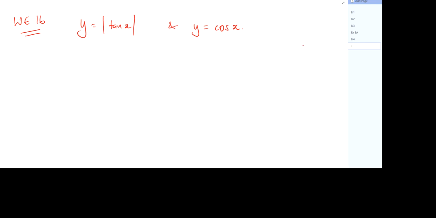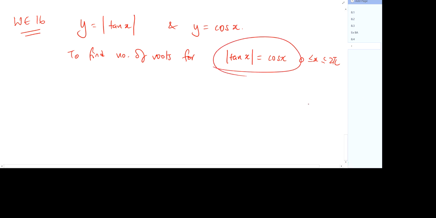Now, they want you to state the number of roots of the equation. To find the number of roots for modulus tangent x equals cosine x for the range of 0 to 2 pi, we are trying to find the number of intersection points.